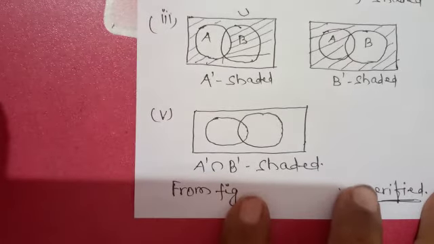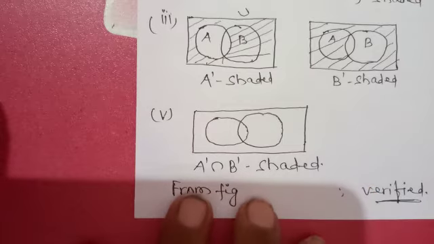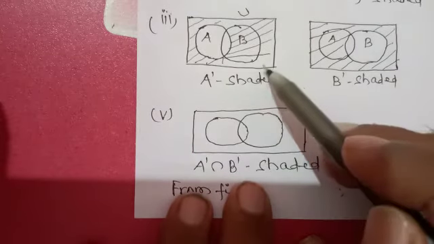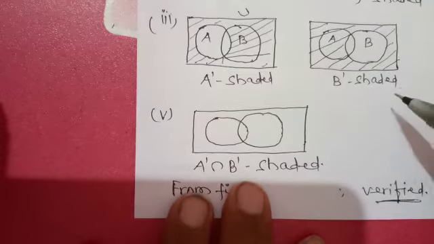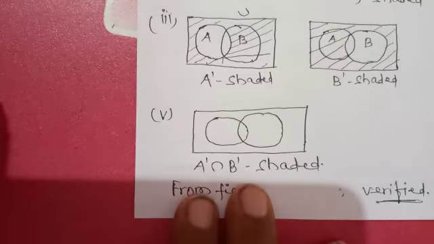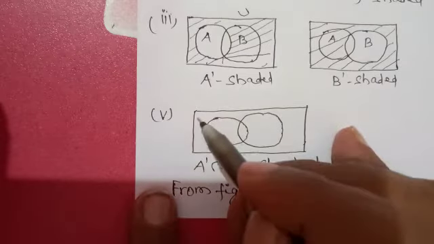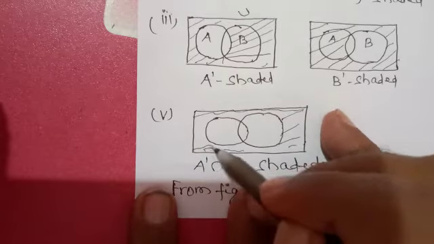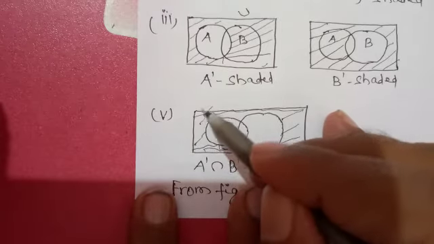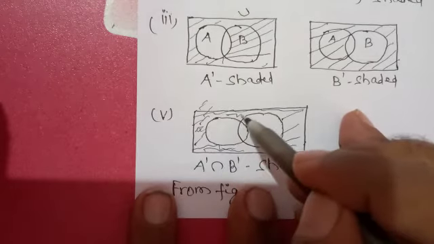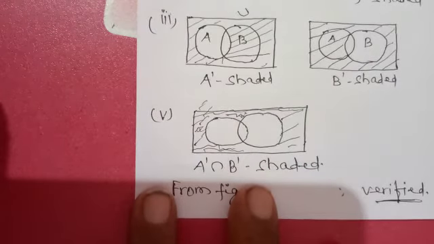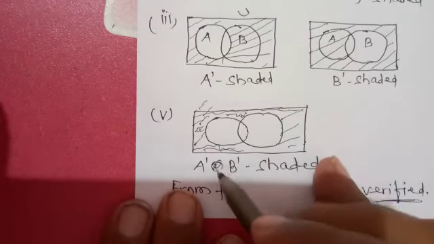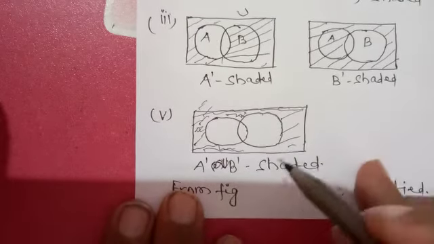So what are the common parts? B complement is here, A complement is here. Now this all part must be shaded. This is not needed; your union has to be shaded.